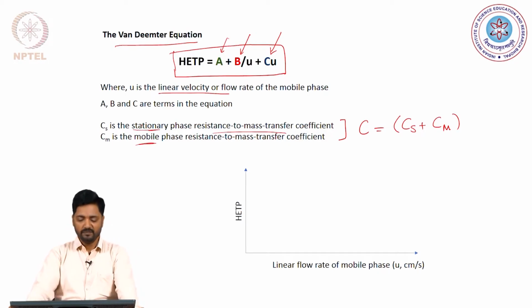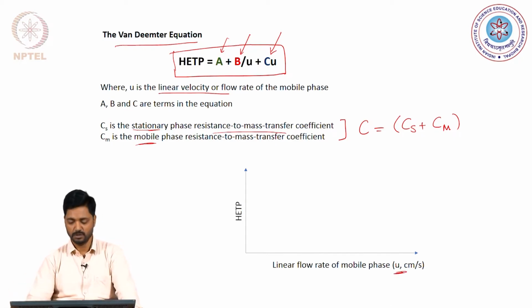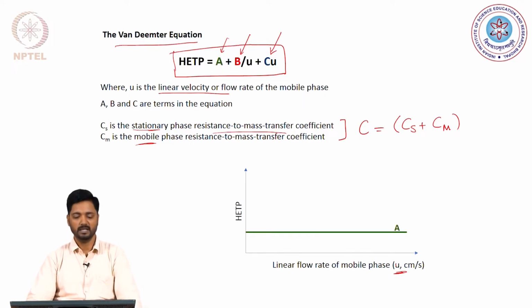So, when we start plotting the change in the height equivalent of the theoretical plate based on the linear flow rate of the mobile phase, which we say as u, and see the influence of these three terms, what we observe initially is that, of course, the A term is invariant to the change in the rate of the mobile phase flow.